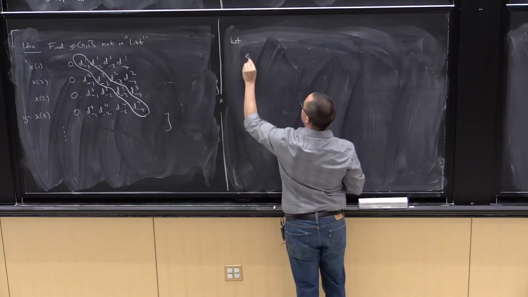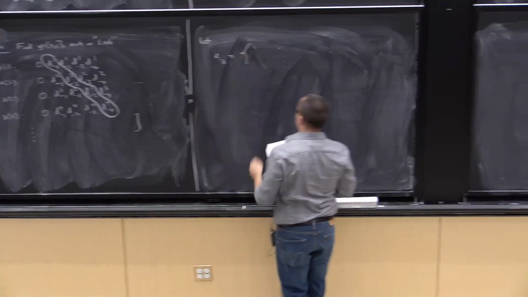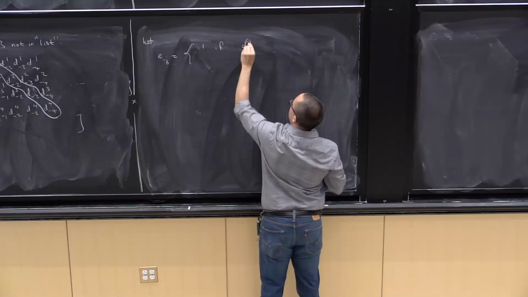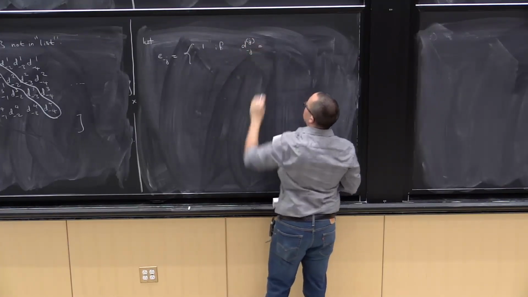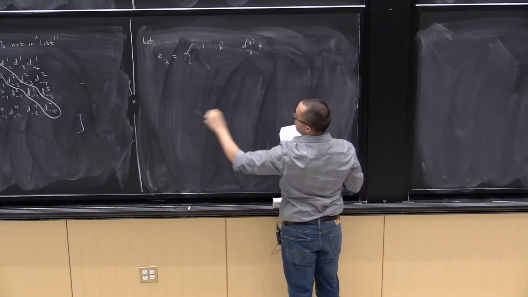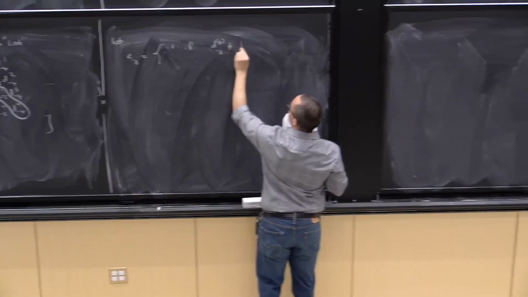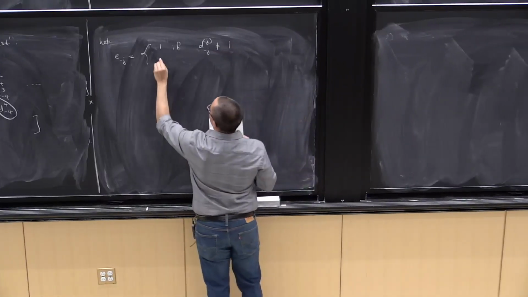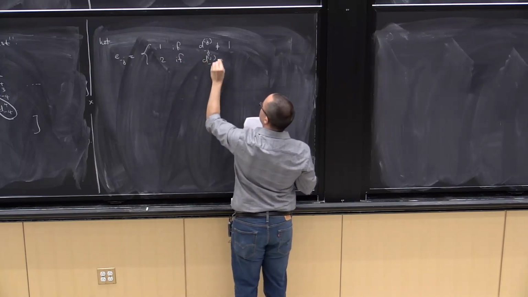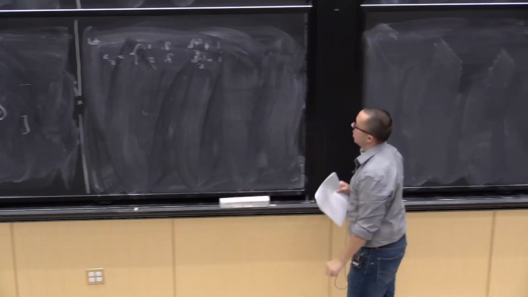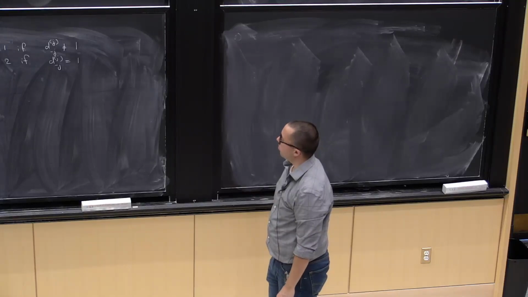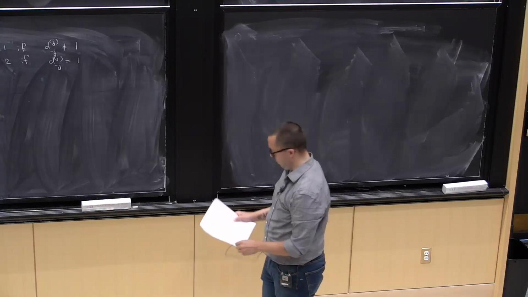Let e_j be 1 if the jth digit of x_j, the jth guy in that list, does not equal 1, and 2 if the jth digit of x_j does equal 1.